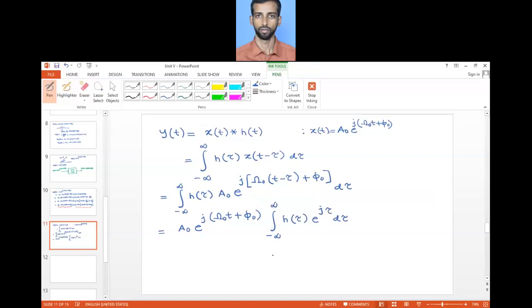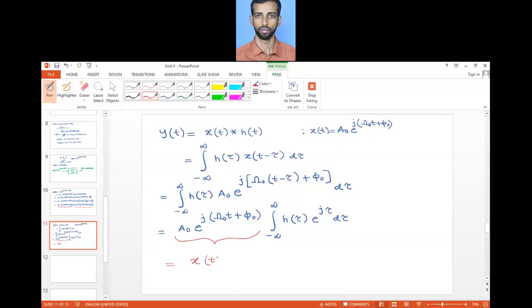That's a very interesting result that we have arrived at. If you take a look at this expression, this is basically the input signal that you have applied, x of t, that is a naught e to the power j omega naught t plus phi naught.